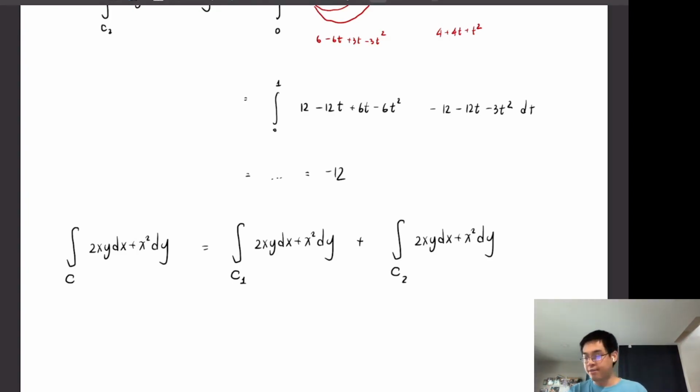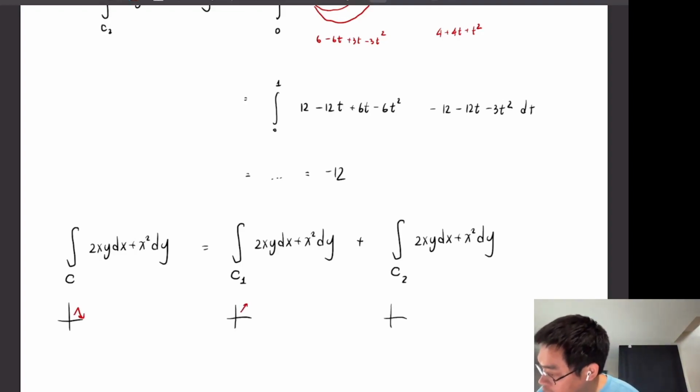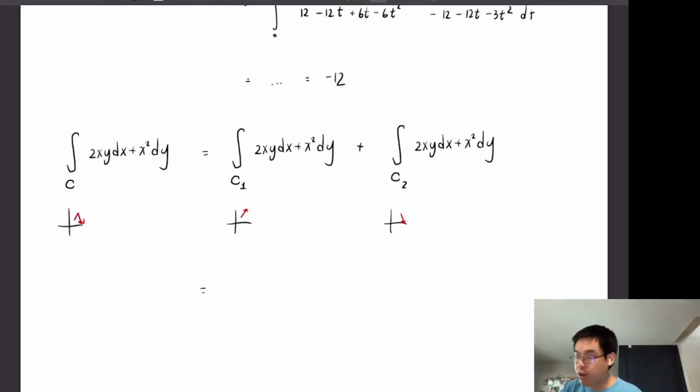Right, as simple as that. In terms of the picture, if you do the whole thing, it's the same as you do the first part, and then you do the second part. We computed before that the first part is 11, the second part is minus 12. So the final answer to this problem is minus 1.